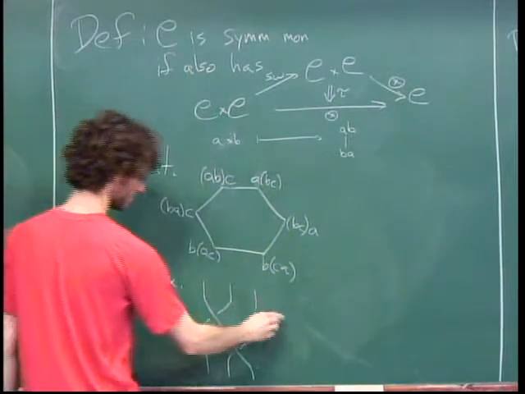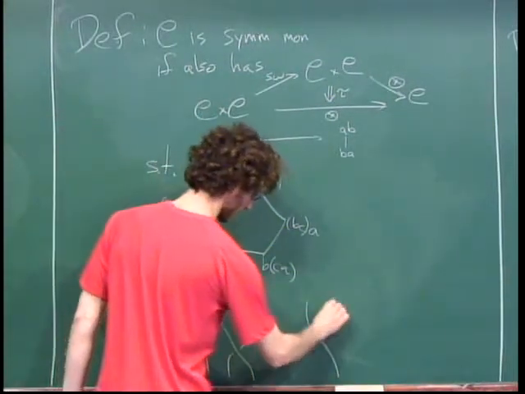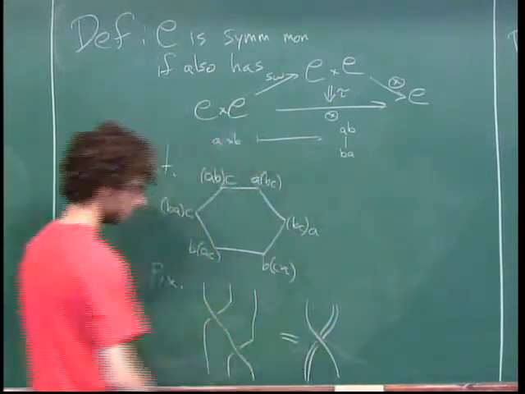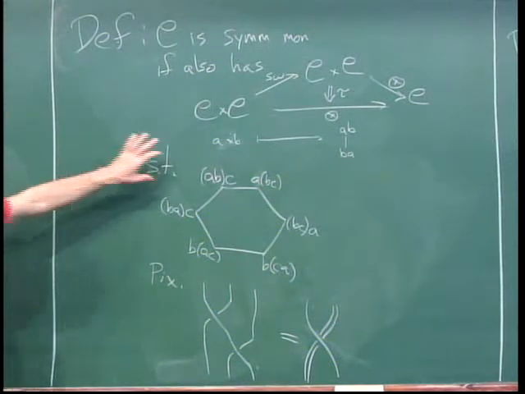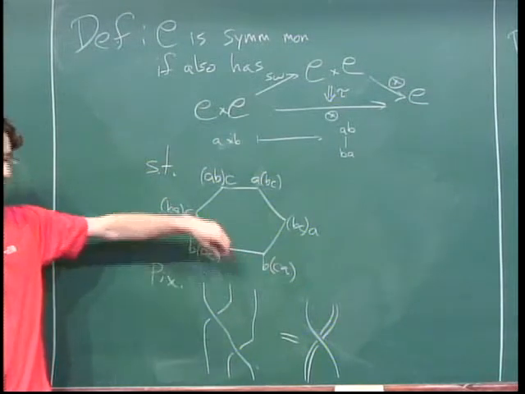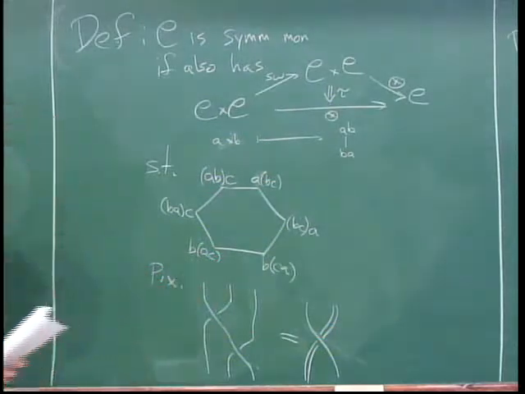Or I can put these last two strands really close together and just move them past the strand all at once. So in the picture, I've suppressed the associators a little bit, but I've kept track of which things I'm braiding past which other things.